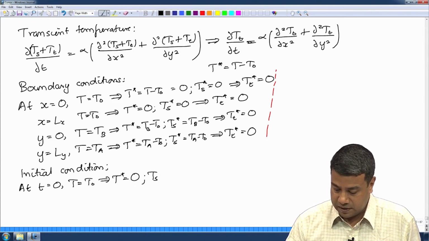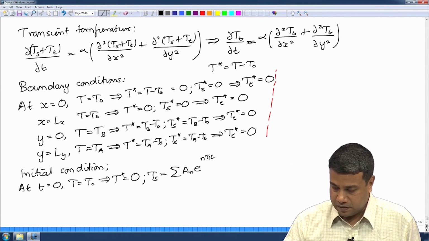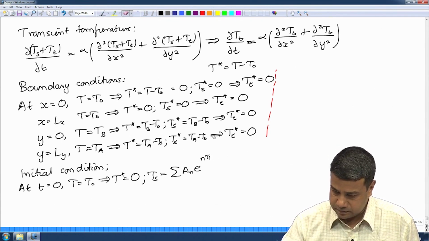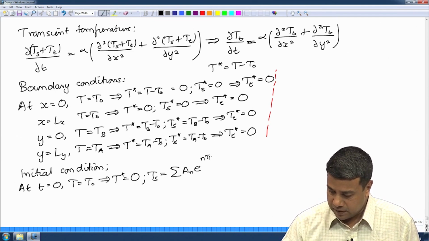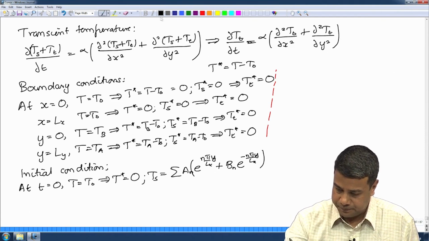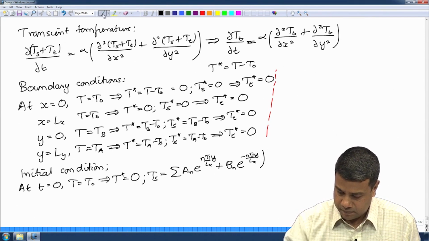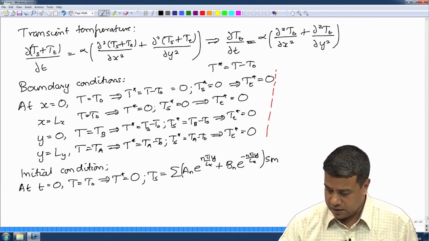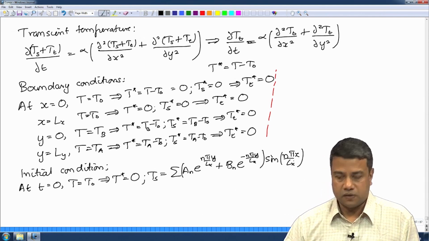So, the steady part is going to be equal to this summation of a n e power n pi y by Lx plus b n e power minus n pi y by Lx into sin n pi x by Lx, where these coefficients are known.